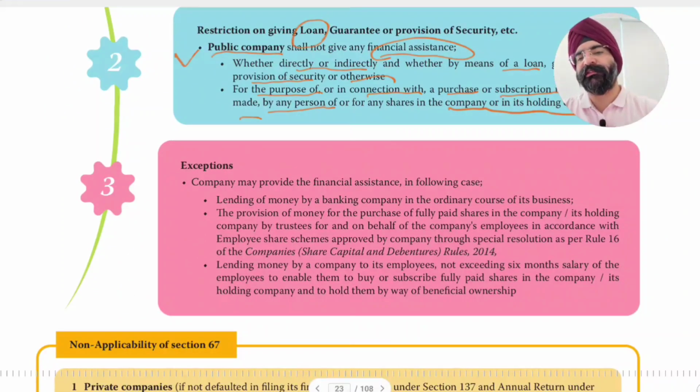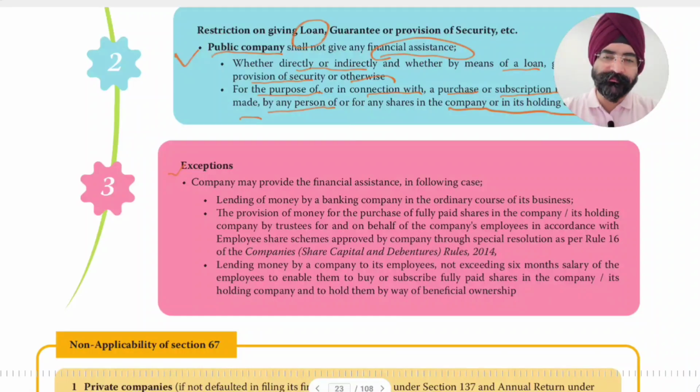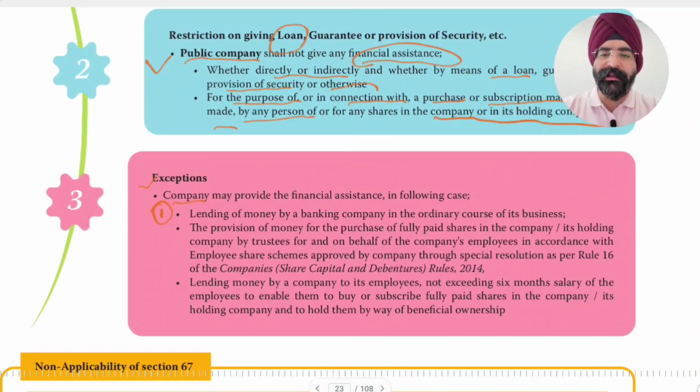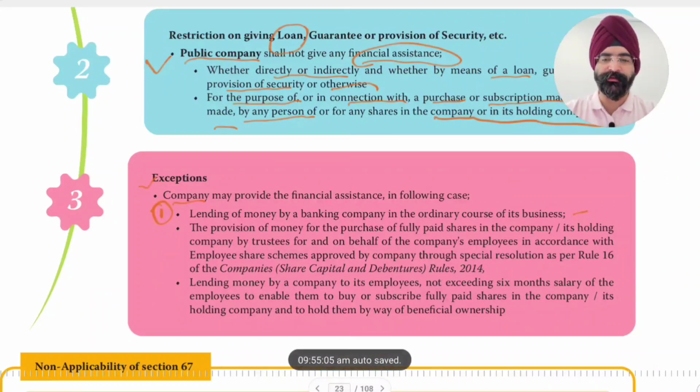What are the exceptions? A company may provide financial assistance in the following cases. Number one, lending of money by a banking company in the ordinary course of its business. If a banking company in the ordinary course of business is lending money, then it is allowed.